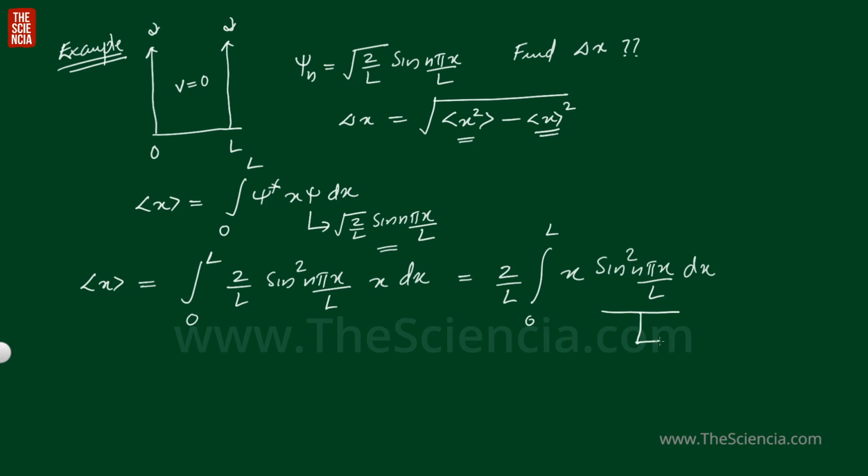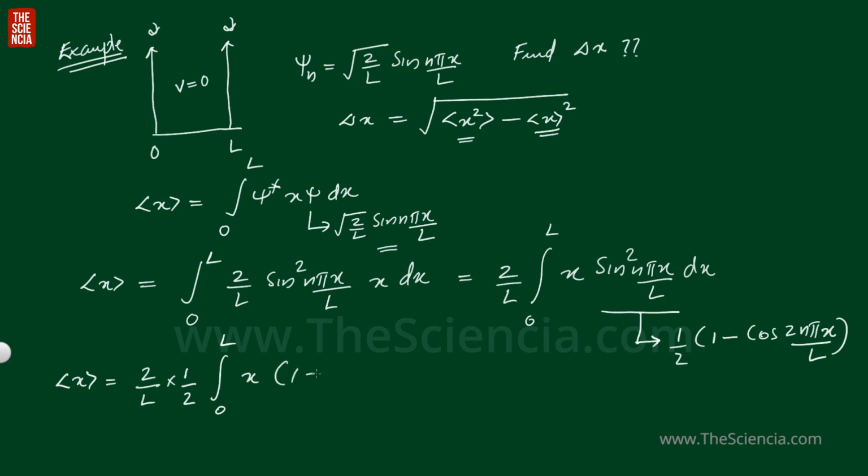Here we cannot do the integration directly on sin square n pi x by L, so we have to rewrite it in another form. We know sin square theta is equal to 1 by 2 into 1 minus cos 2 theta, that is 1 minus cos 2 n pi x by L. Now we can rewrite the expectation value of x as 2 by L into 1 by 2 integral 0 to L x into 1 minus cos 2 pi x by L dx.